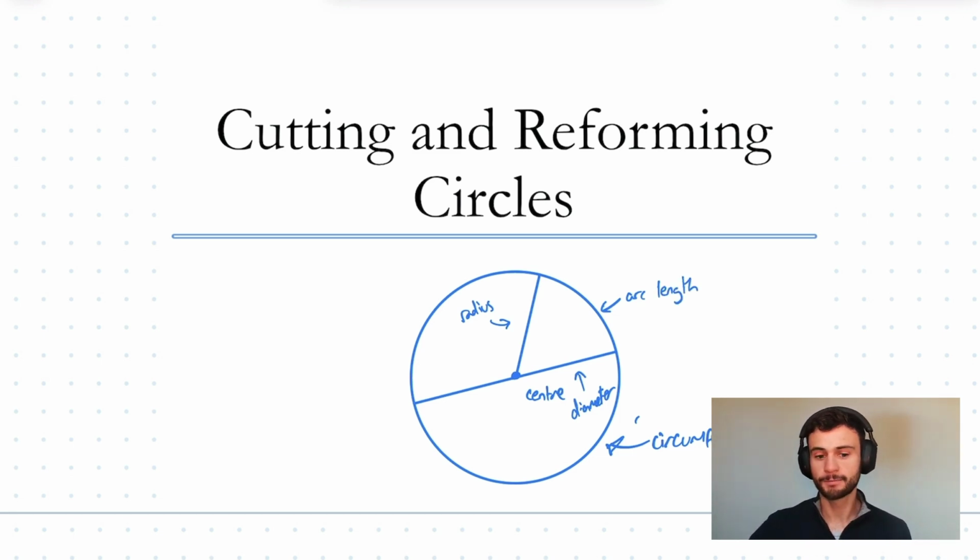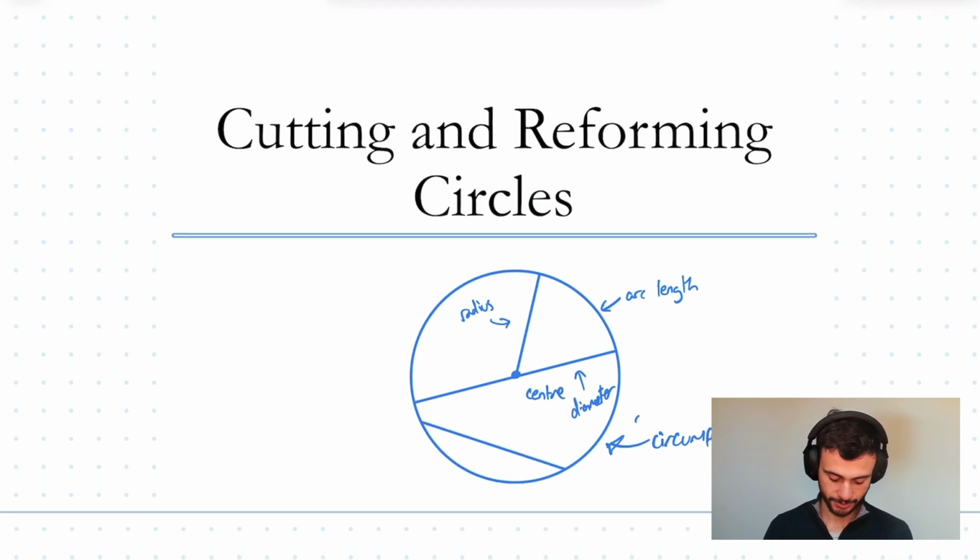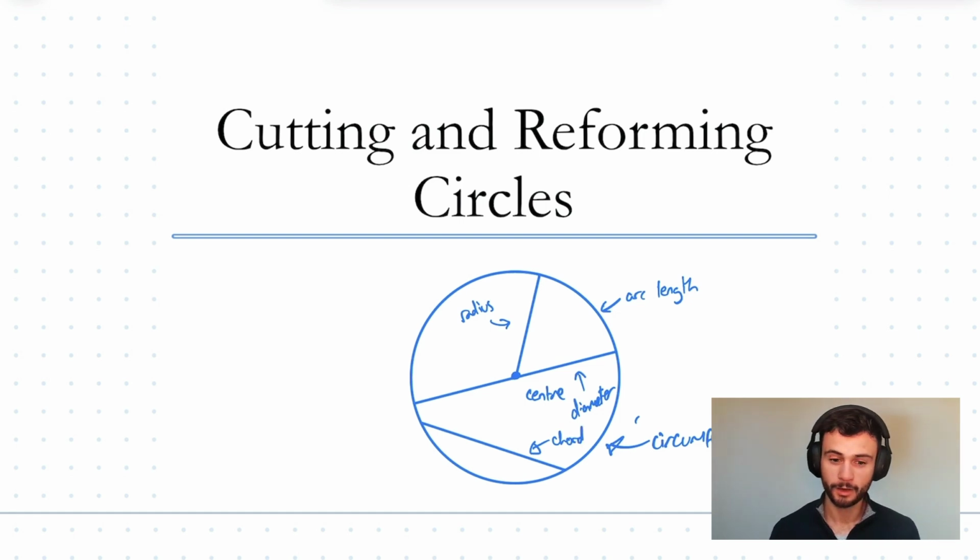If you have a random line that doesn't go through the center of the circle, that is called a chord. And if you have a pizza slice type piece of the circle, like this one, that is called a sector.